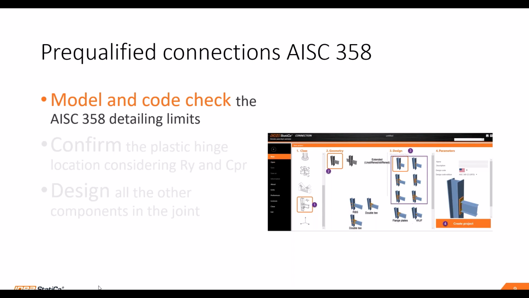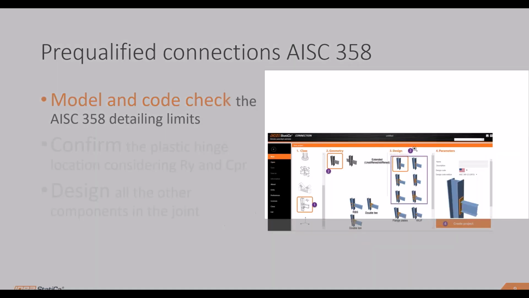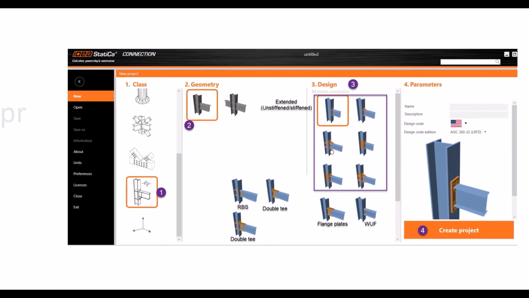Also, you can start with templates that we have prepared based on the type of pre-qualified connection. You need to select this icon in the class option, then this type of geometry or whatever geometry you need over here, and then you will see all the templates we have for pre-qualified connections.